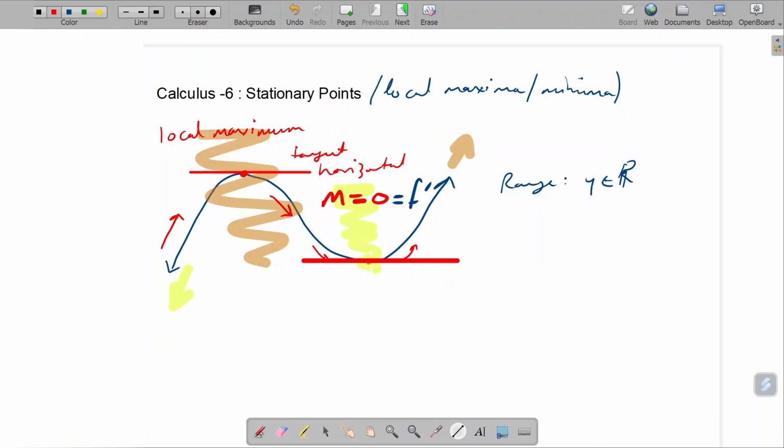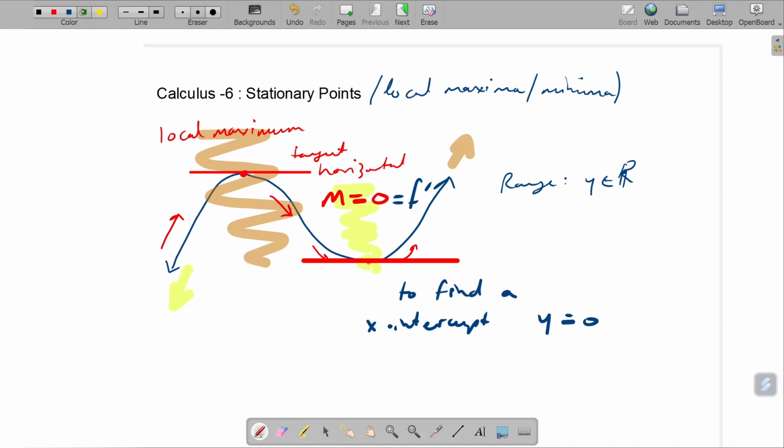So the key to finding a stationary point, and this follows up some other work that we've done before: to find an x-intercept, we know that we need to make y equal to 0.